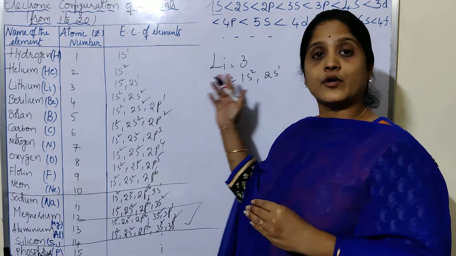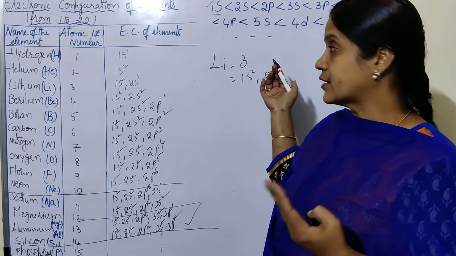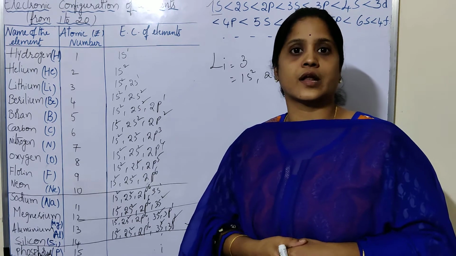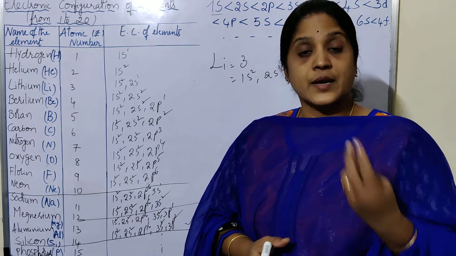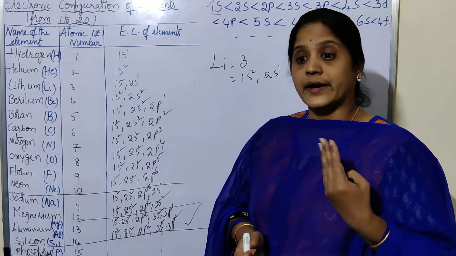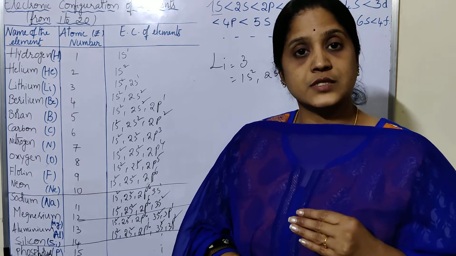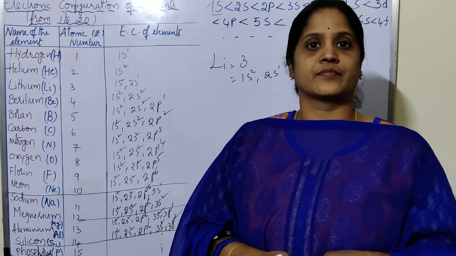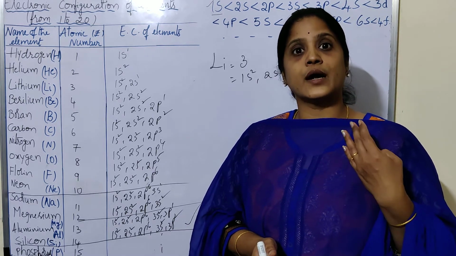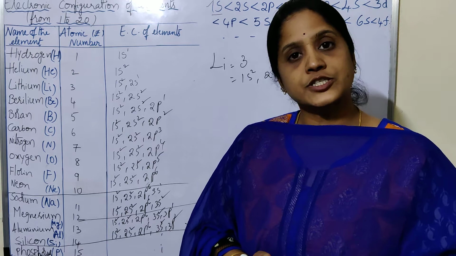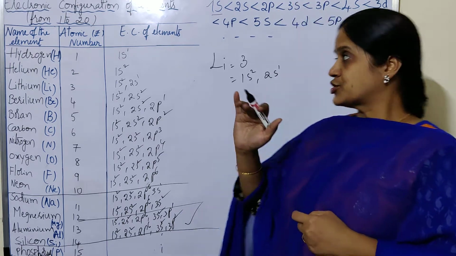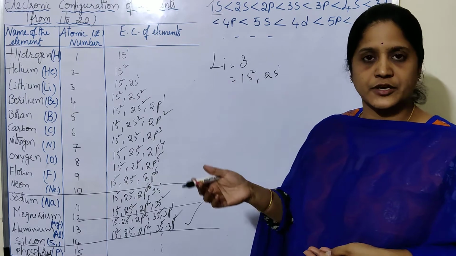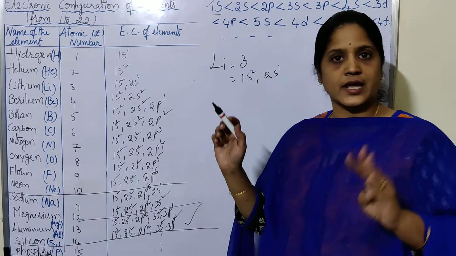Write the electronic configuration. Write the arrangement of electrons in orbitals. Like that also they will ask you. Or sometimes they will ask you, write all the 4 quantum numbers for the differentiating electron of lithium. So first you have to understand what the differentiating electron is. In any atom, here we took the example of lithium, lithium has 3 electrons.